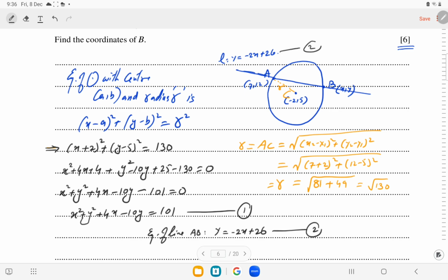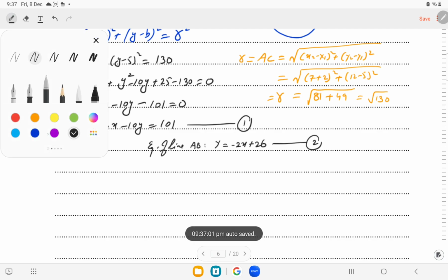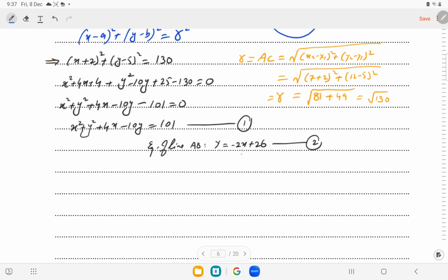Now solve 1 and 2 simultaneously to get the coordinates of A and B. So I'm going to replace every y in equation 1 with minus 2x plus 26. So x square plus (minus 2x plus 26) square plus 4x minus 10 times (minus 2x plus 26) equal to 101. I just replaced the value of y from line 2 in 1.